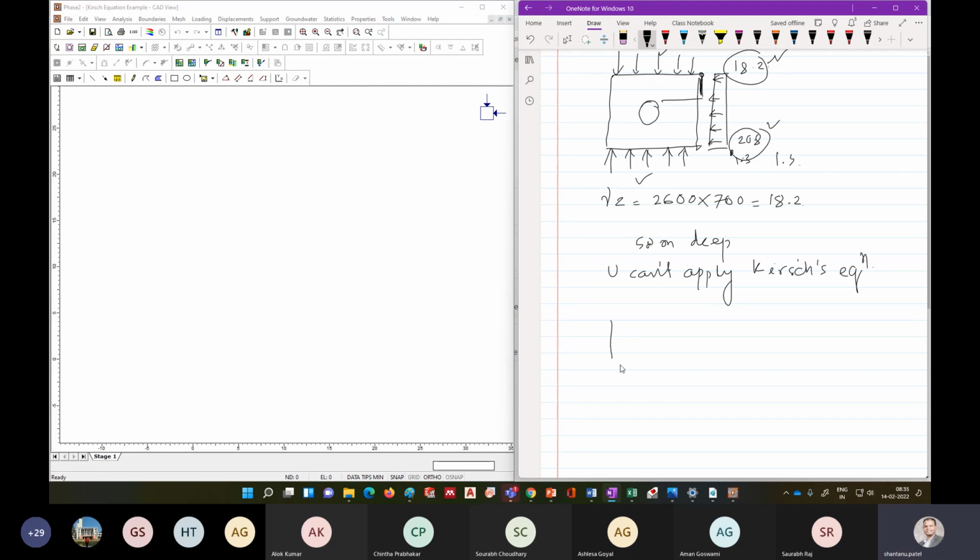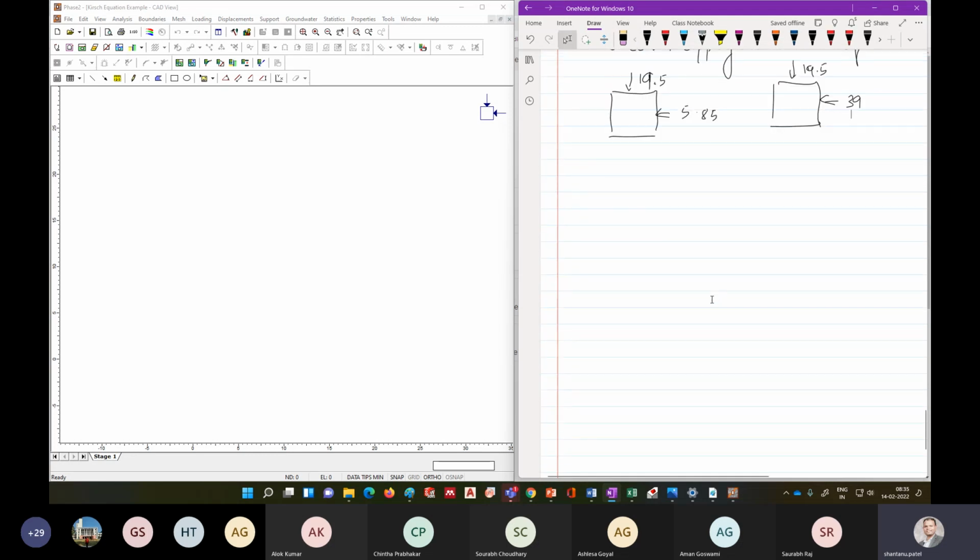Similarly, quickly just tell when k equal to 2. So we have two conditions here. One is k equal to 0.3, so that is 19.5 and 5.85. And we have the second condition, this is 19.5 and 39 ampere. Okay, and if you put quickly the value, what are the boundary stresses, it will be coming here in this point and this point.